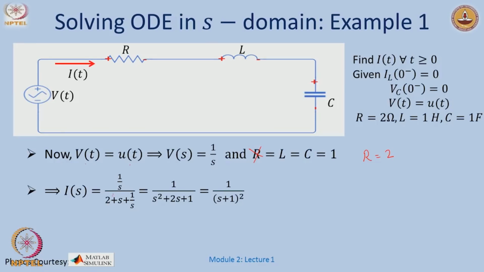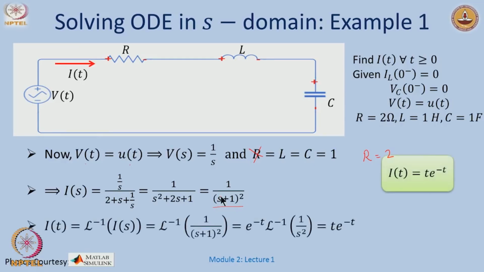R equal to 2 would give 1 over s and all these expressions, and I just write this to be I(s) is 1 over (s plus 1) squared. And now, I have this in the Laplacian form, I can easily compute the time equivalent of that. The time equivalent is the inverse Laplace of 1 over (s plus 1) whole square, and I can use the properties of inverse Laplace transforms to get that the signal in the time domain is just t e to the power minus t, which is the solution I am looking for, right.